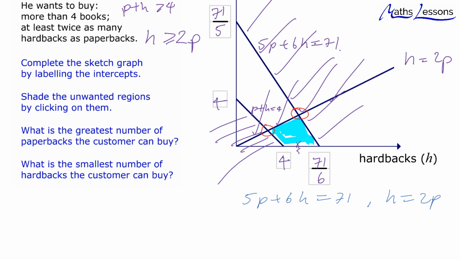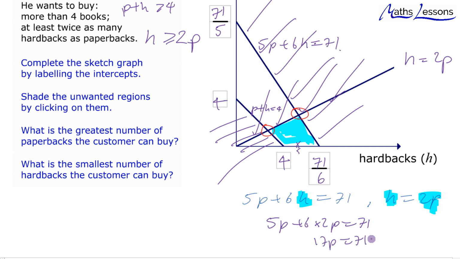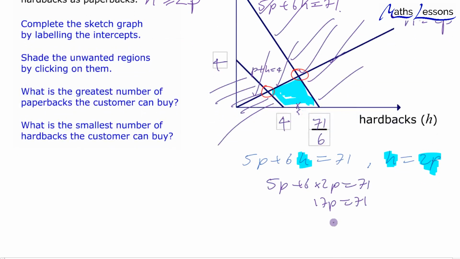As h equals 2p, we can replace h with 2p. So you get 5p plus 6 times 2p equals 71, then 17p equals 71, and therefore p equals 71 over 17, which is about 4.17.